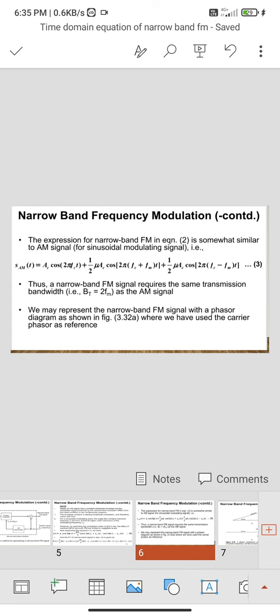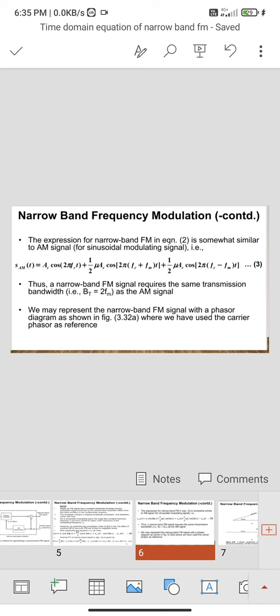The expression for narrowband FM in equation 2 is somewhat similar to AM for a sinusoidal modulating signal. Thus, a narrowband FM signal requires the same transmission bandwidth, equal to 2 fm, as the AM signal.